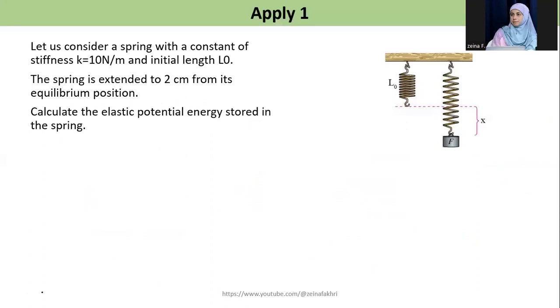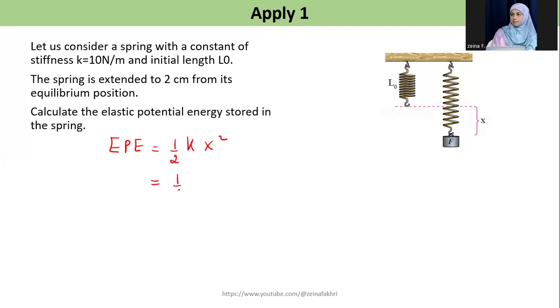Now, let's do a small application. Let us consider a spring with a stiffness constant k equal to 10 newtons per meter and initial length L0. It's extended by 2 centimeters from its equilibrium position. We have to calculate the elastic potential energy in the spring. The elastic potential energy is given by half kx squared.